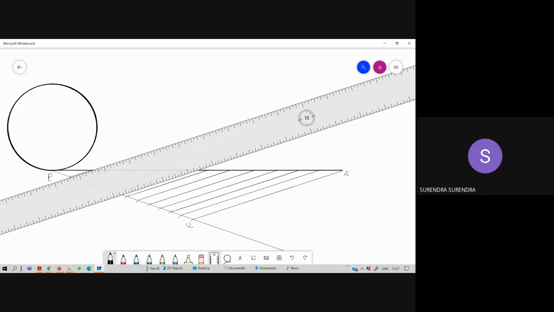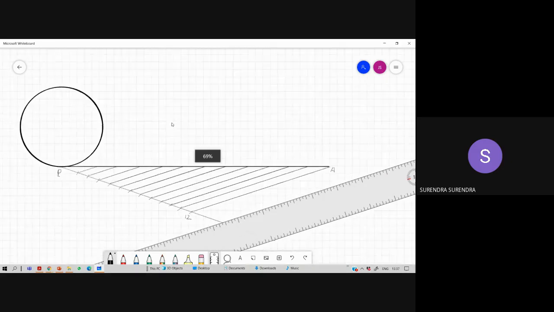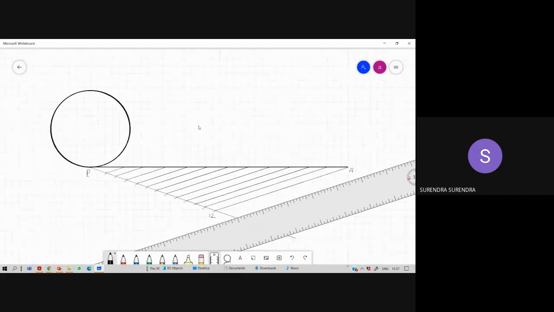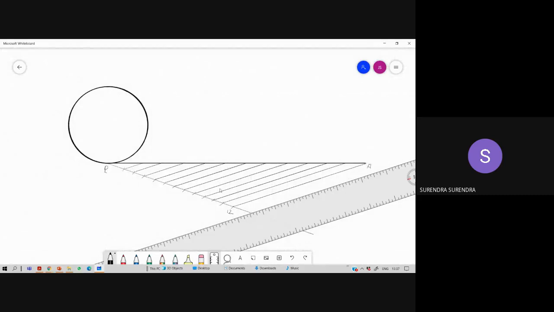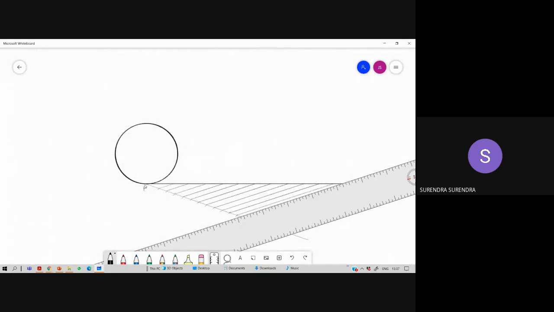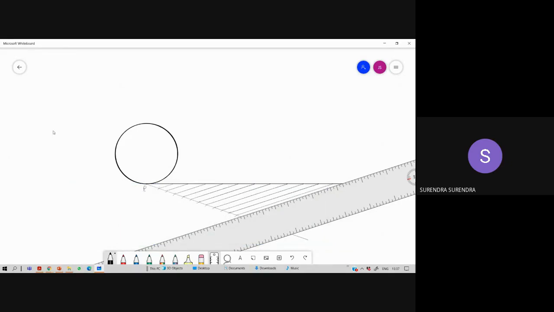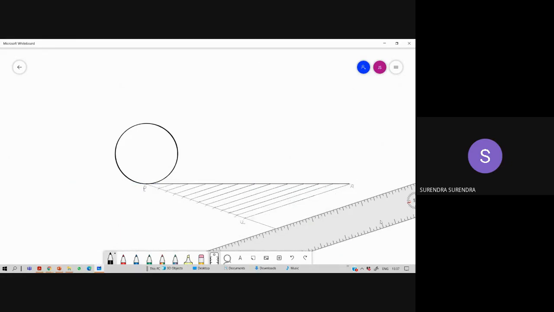Name these points. Here remember one more thing, just read the problem carefully, whether it is a wounding problem or unwounding. Unwounding means you are releasing a thread, so you'll start it from P and try to unwound. Finally, the length of the string will be PA.